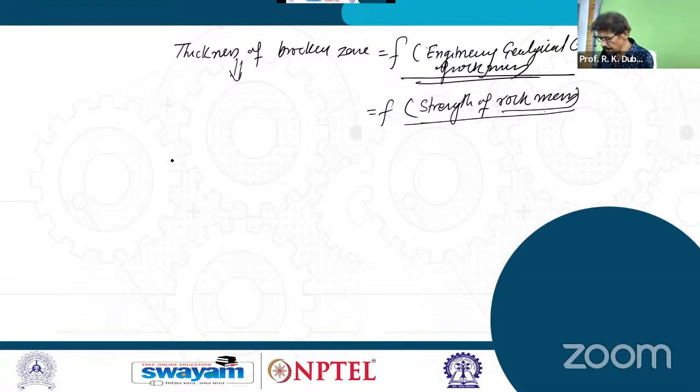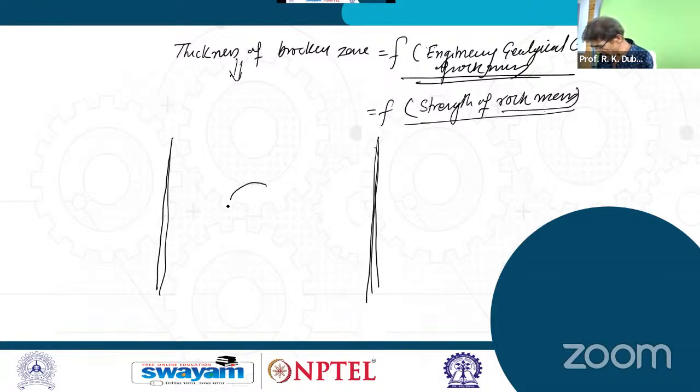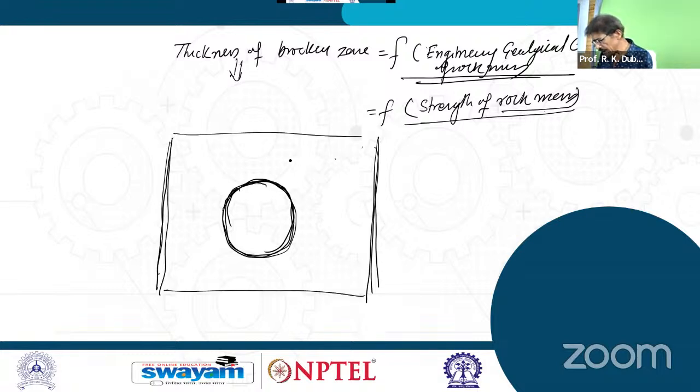For example, if the interfaces are traversing the ground where we are going to create an underground opening, meaning tunnels, caverns, underground military chambers, repositories, etc. In such a situation, because this whole thing is intact in nature, there is no discontinuity.